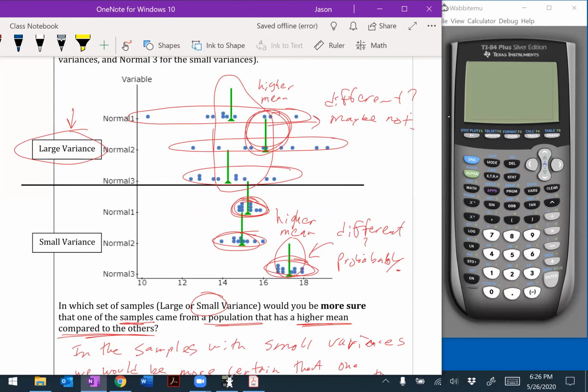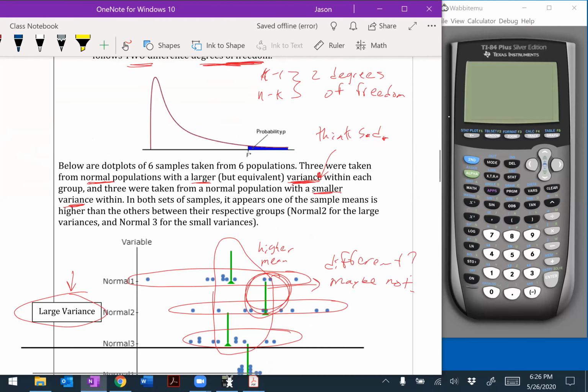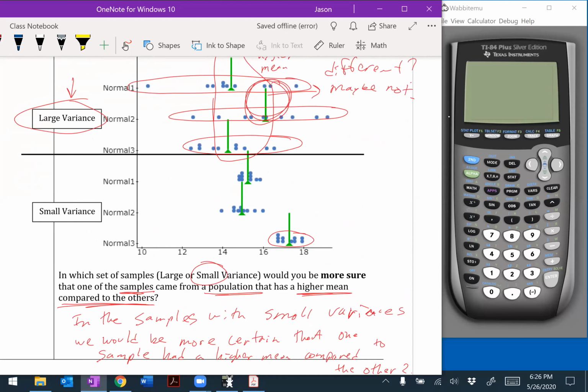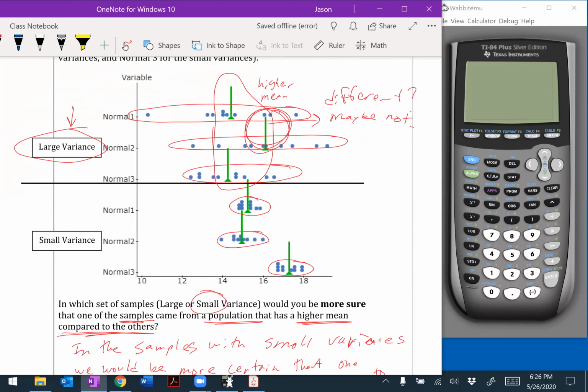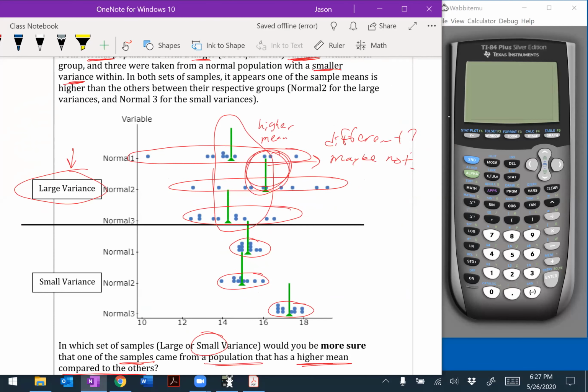And how does that play out with my data here? Let's talk about the variance within the samples first. So the variance within the samples is small here.